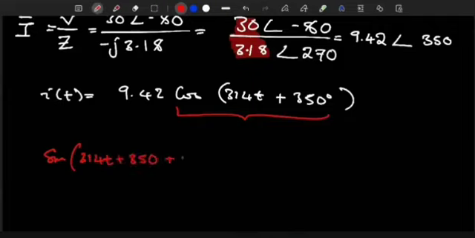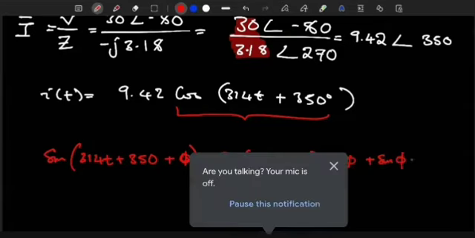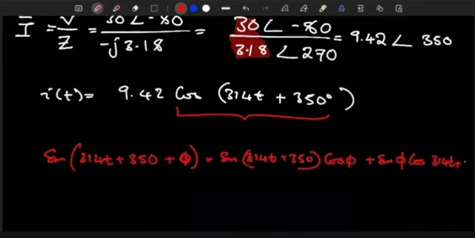What angle must we add, phi, so this would reduce to just cos? We know sine(A + B) is sine A cos B plus cos A sine B, where A is 314t plus the angle. Let me start with using 10.